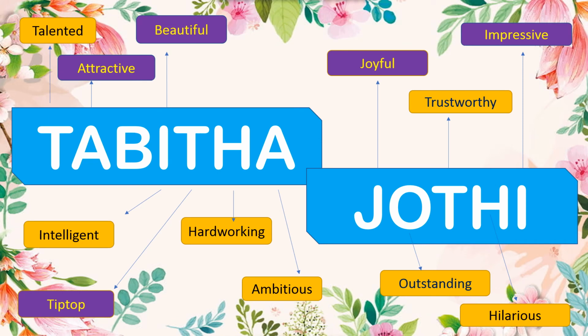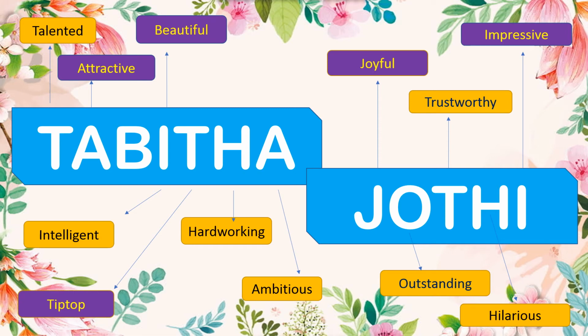Alright, here is an example of how I created adjectives about my name, Tabitha Jodi. Each letter represents who am I, alright? A description about myself. For example, talented, attractive, beautiful, intelligent, tip-top, hardworking, ambitious.